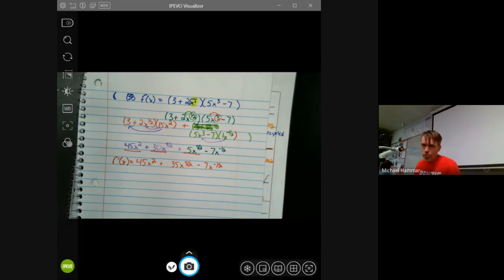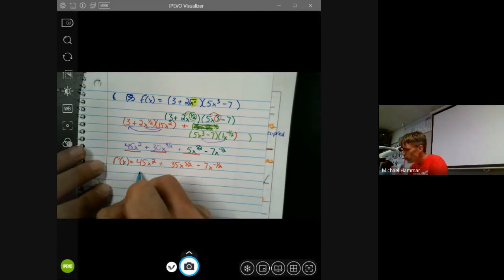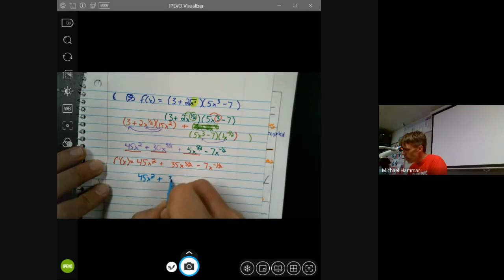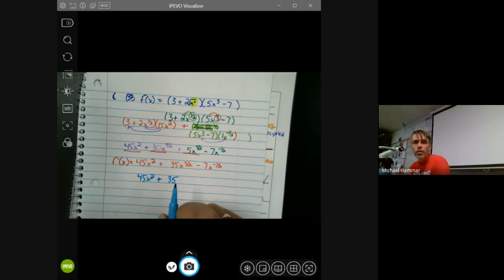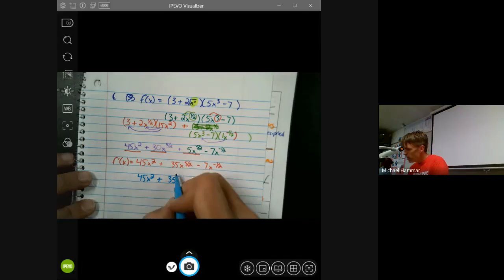But you should go through and you should change your 5/2 and things like that to its actual square root form. So we're going to have 45x squared plus 35. Now remember, the top number is the power, the bottom number is the root.